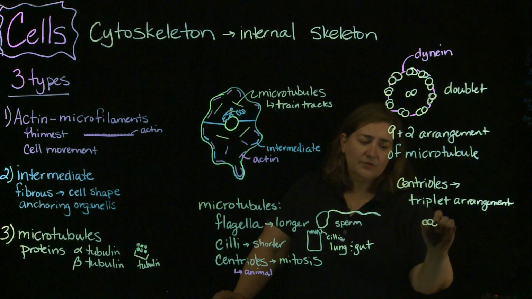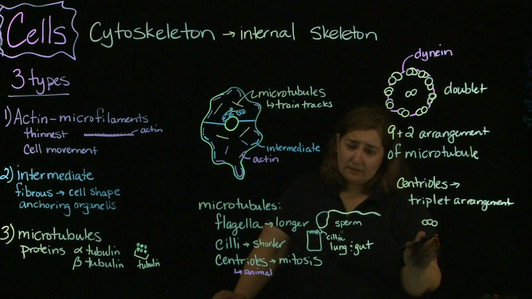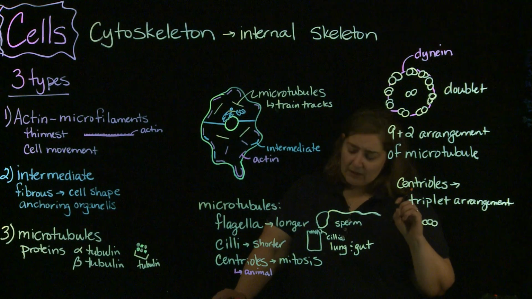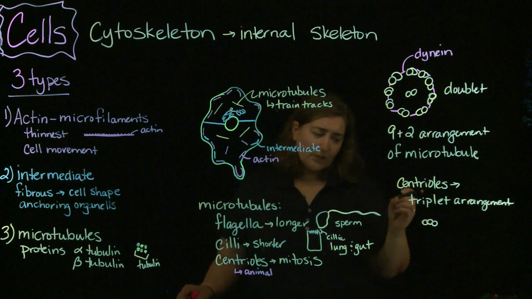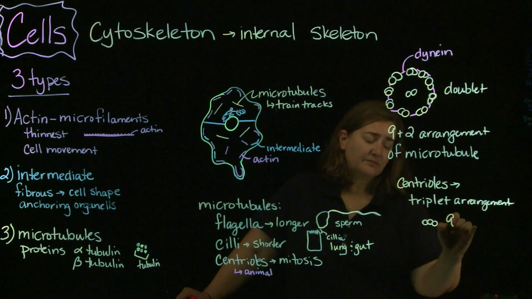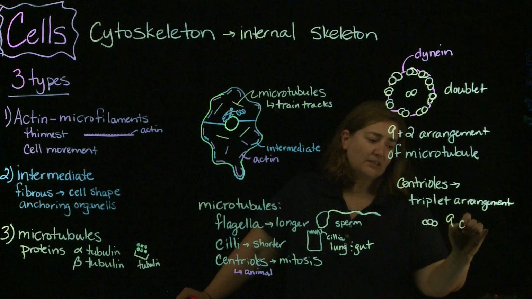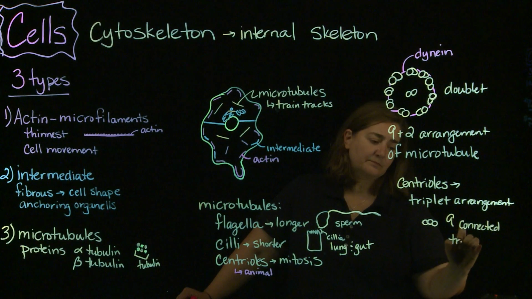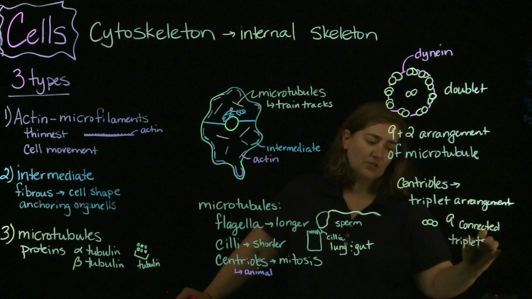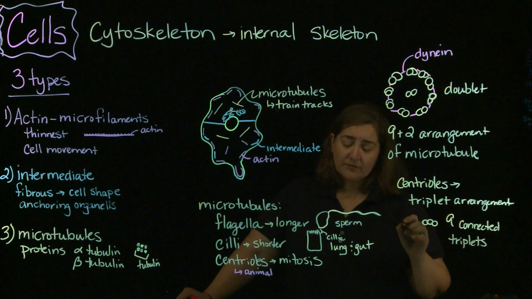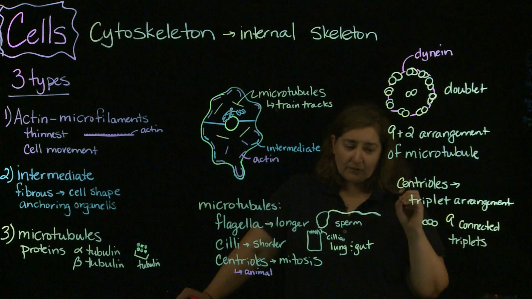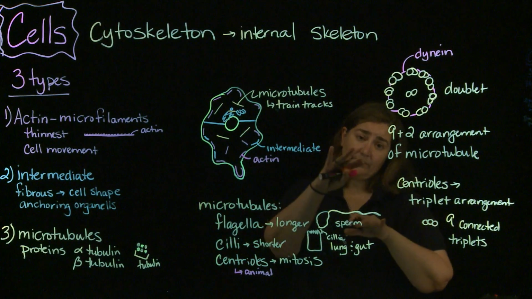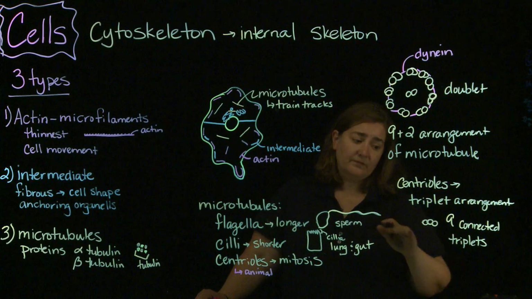The centrioles are going to have a set of 3 linked together. And how they come together is a little bit different. You've got 9 connected triplets in terms of our centrioles, and those centrioles are arranged more like a pinwheel than in a circle, okay?